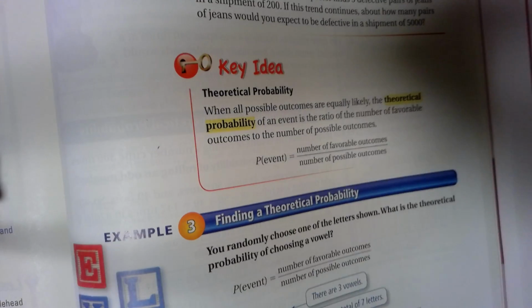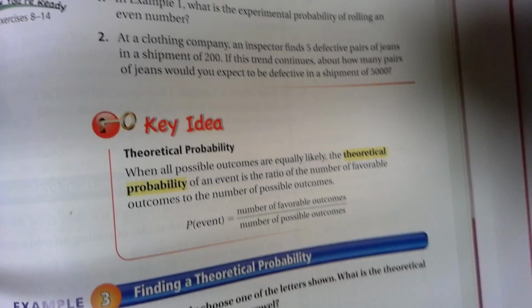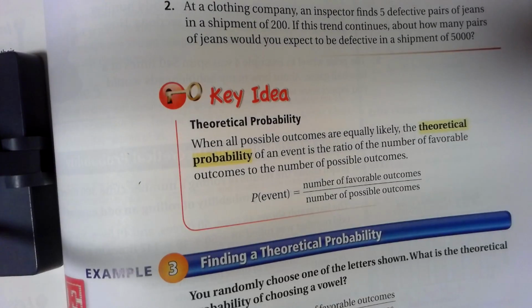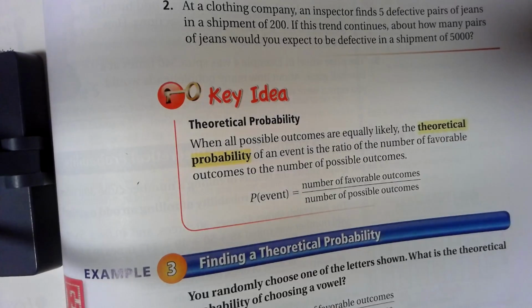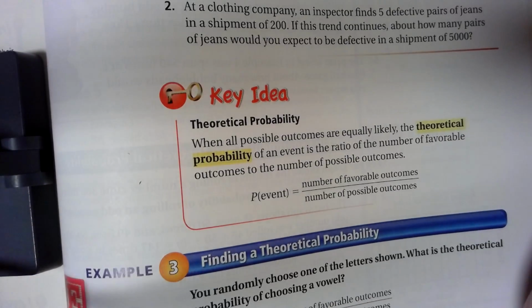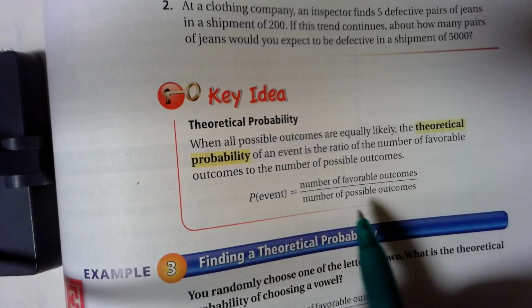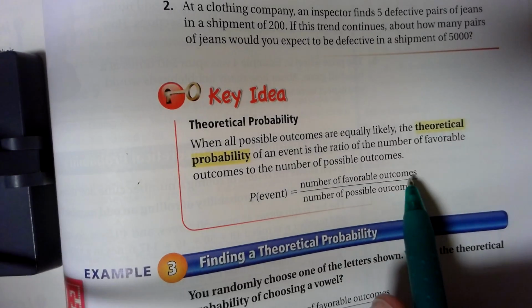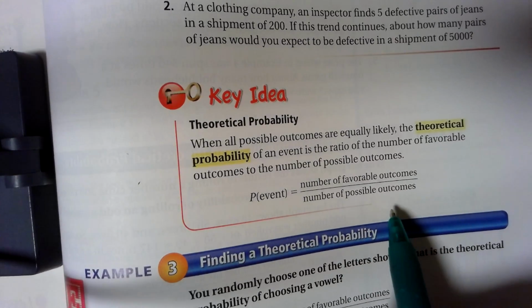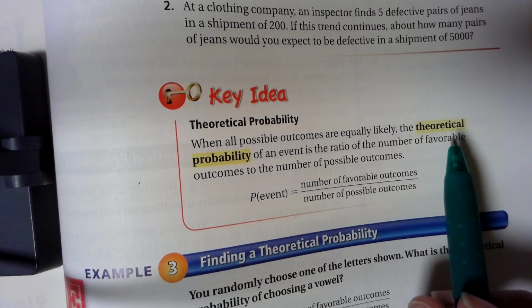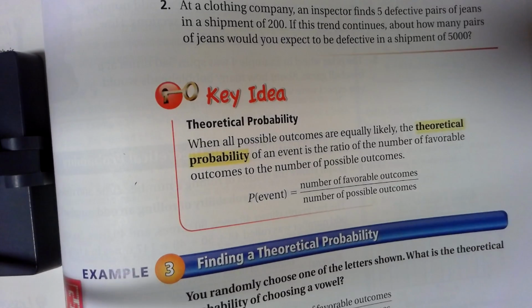There we go. All right, we're talking about two things in this section. First, theoretical probability, which is, in theory, what should happen. If we're looking at the number of favorable outcomes out of the number of possible outcomes, that would be the theoretical probability. Let's say we have heads or tails on a coin.